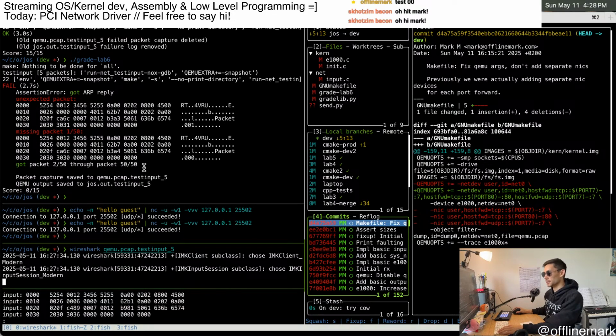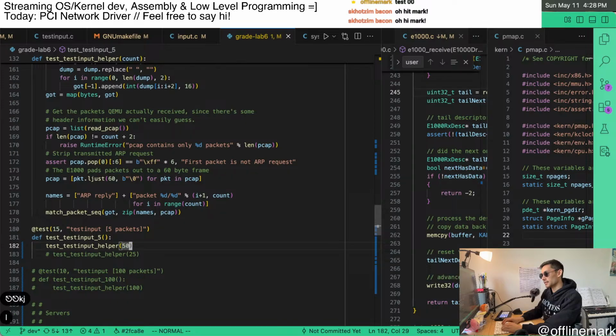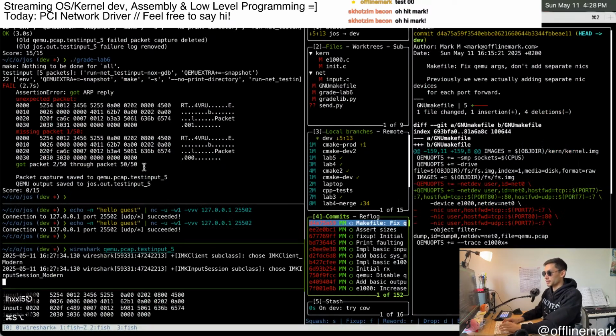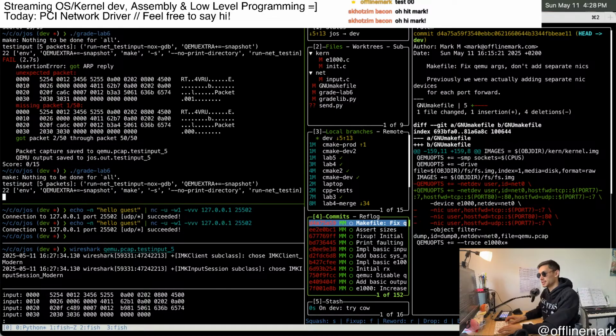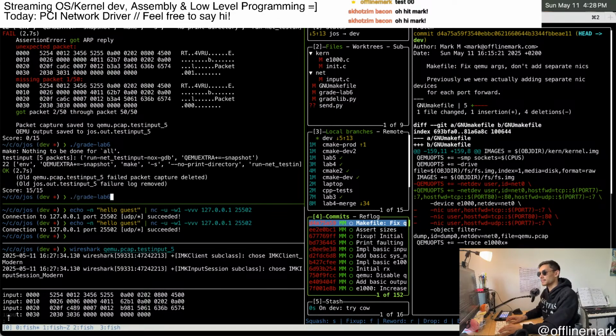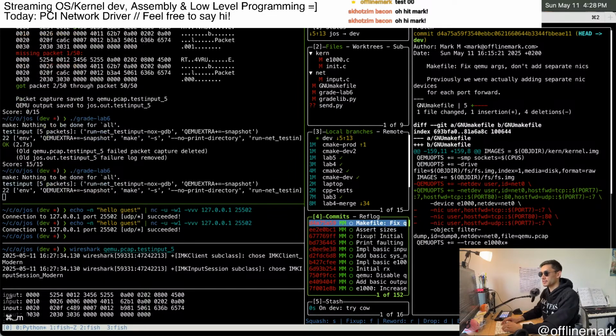I'd love to not really spend that much time debugging this if possible. So maybe let's go back to our known working state. It seemed to be reliably working at 5 packets.